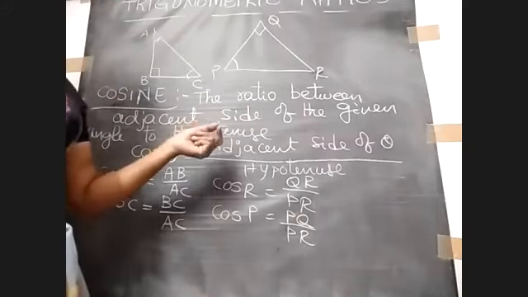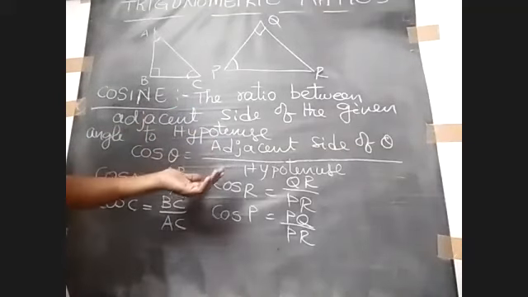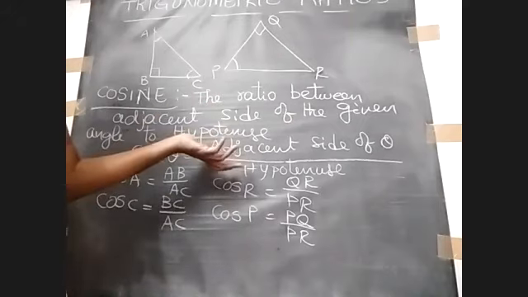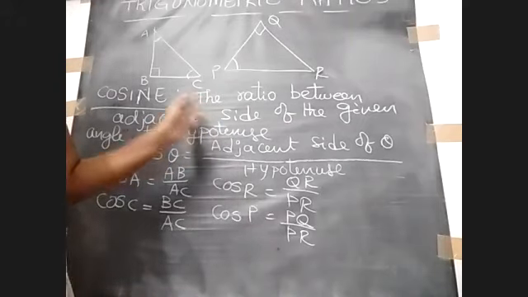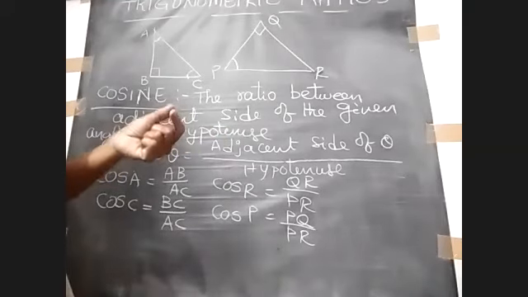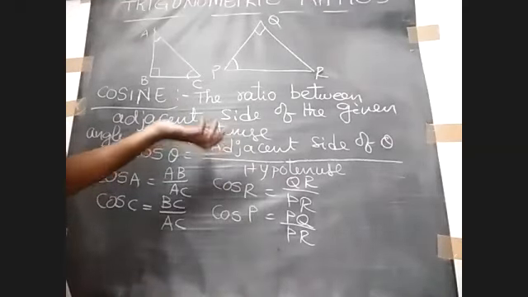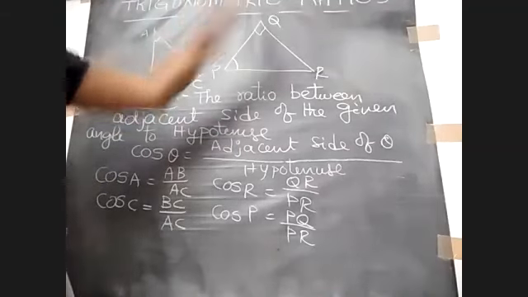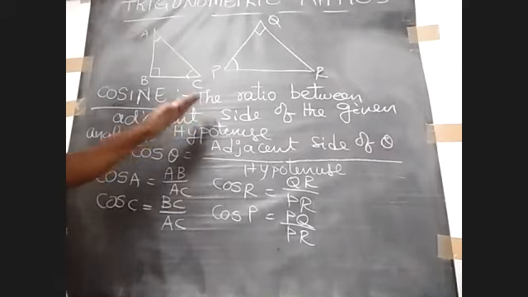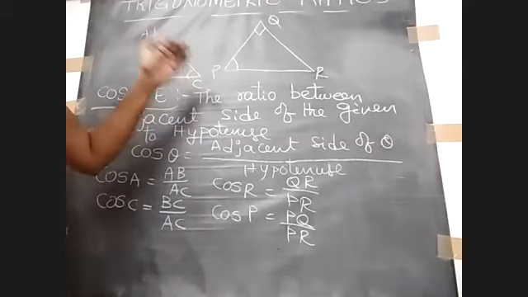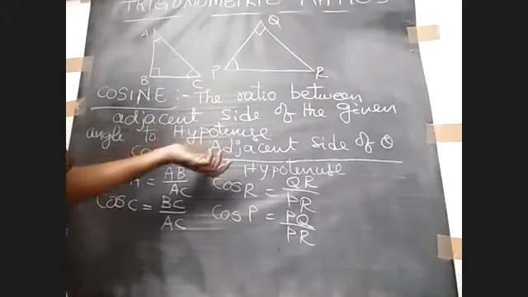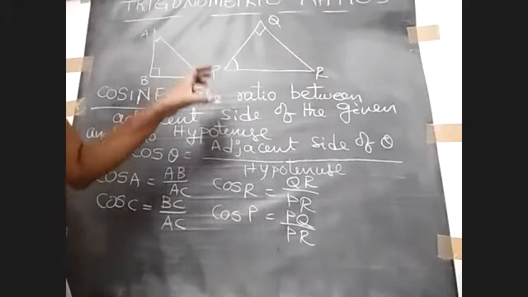Because the ratios between opposite side to hypotenuse, adjacent side to hypotenuse, and opposite side to adjacent side are constants in all triangles. Okay, those are constant values. That is why we take them as ratios, as trigonometric ratios. Are you understanding? Those are constants.